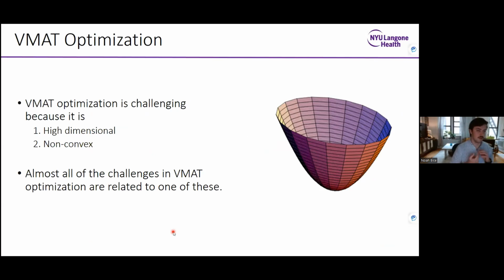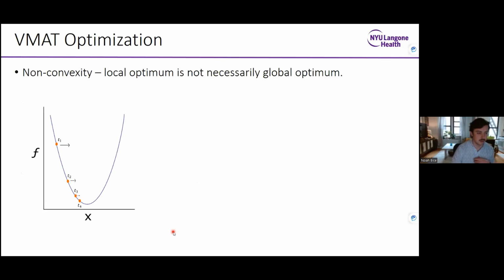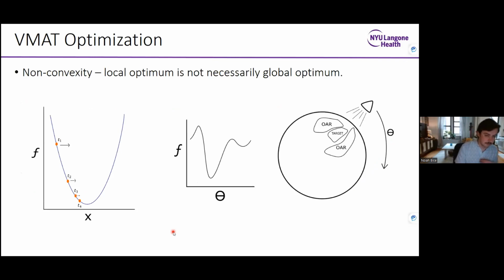All of the challenges in creating a VMAT optimization algorithm stem from these two problems, and we'll talk about them in greater detail. Starting with non-convexity: as I alluded to earlier, IMRT optimization is nice because it's basically guaranteed to be convex, meaning that if you find a local optimum, it's going to be the global optimum.